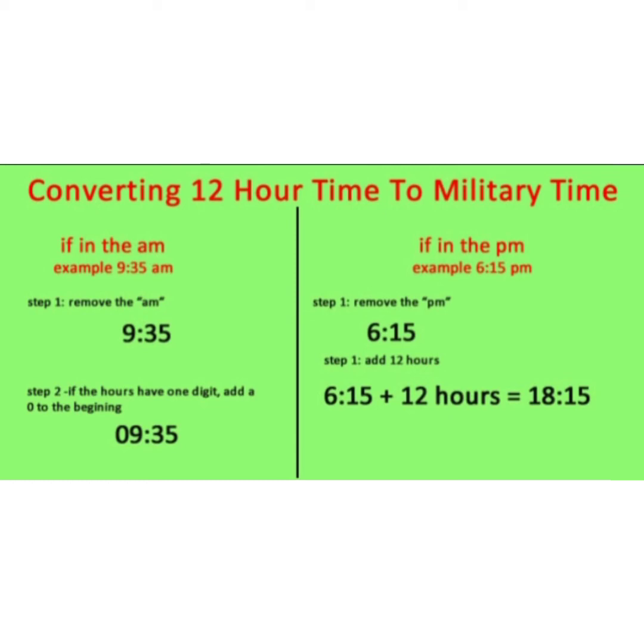So, the answer is 09:35 in the 24-hour clock. Next, if the time is 6:15 PM in 12-hour clock, you should remove the PM. It is 6:15. Add 12 hours to 6:15. So, the answer is 18:15 in the 24-hour clock. Did you understand the calculation, children?